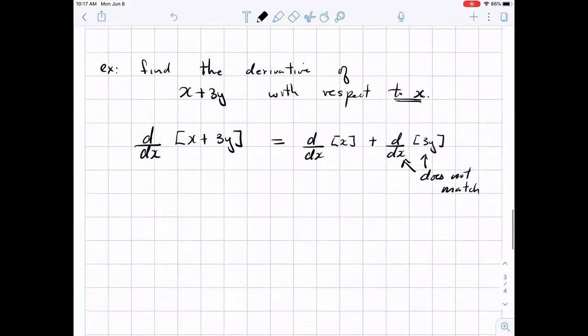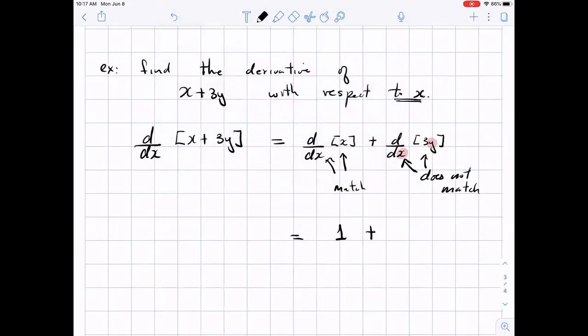So taking the derivative now, since these variables match, then the derivative of x would be 1. The derivative of x is 1. So this becomes 1. Since these variables here do not match, here it's an x and here it's a y, then we have to use the chain rule.